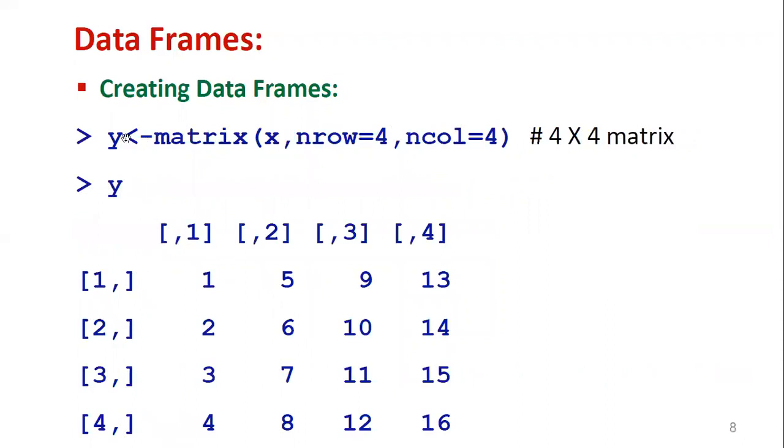Next, another data type, you can take a matrix. How to create a matrix, that also we already studied. So y equal to matrix, where we are calling the previous vector x as the data, the number of rows 4, number of columns 4.